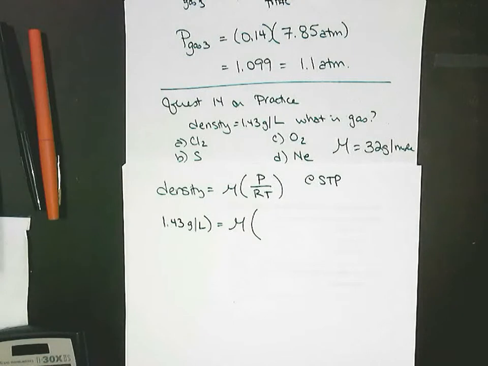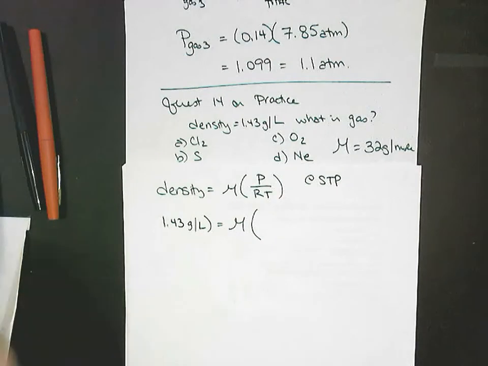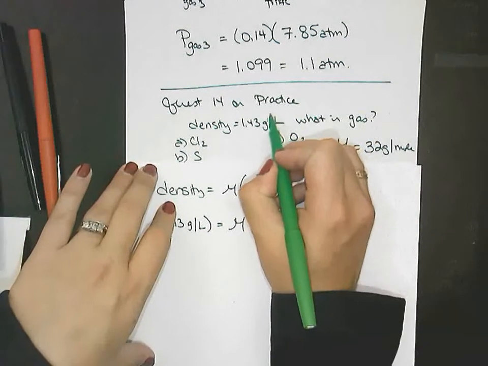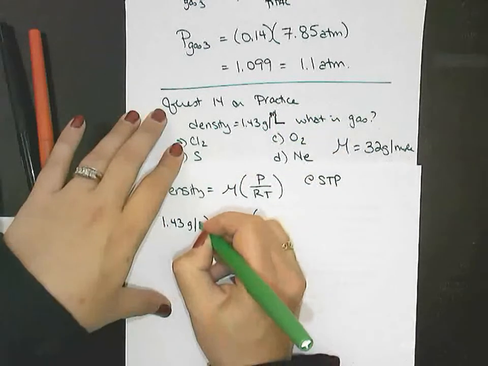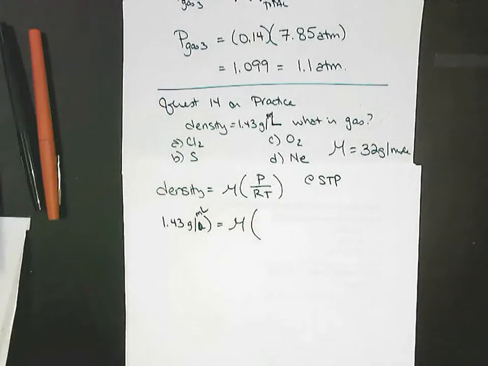Oh, I see why it's a typo, because it says grams per mole. I meant milliliter, right? Density is in grams per milliliter. So change this to grams per milliliter. So are we going to change that to liter? In a minute. We'll get there.